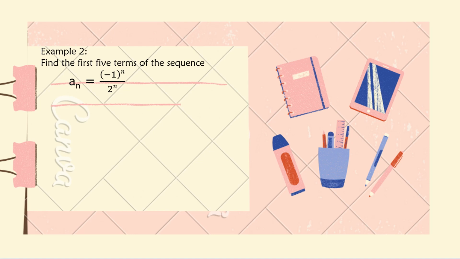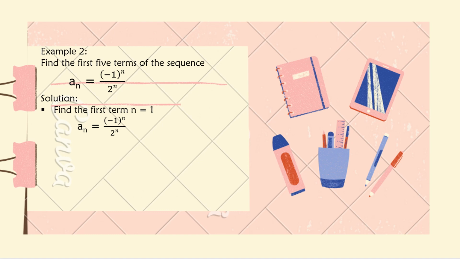Okay, so let's proceed to example number 2. So find the first 5 terms of the sequence. Okay, so given the general term, a sub n is equal to the quantity of -1 raised to n over 2 raised to n. So let's have our solution.